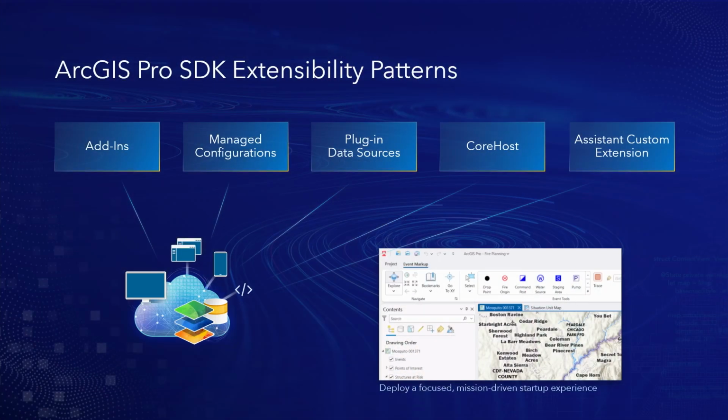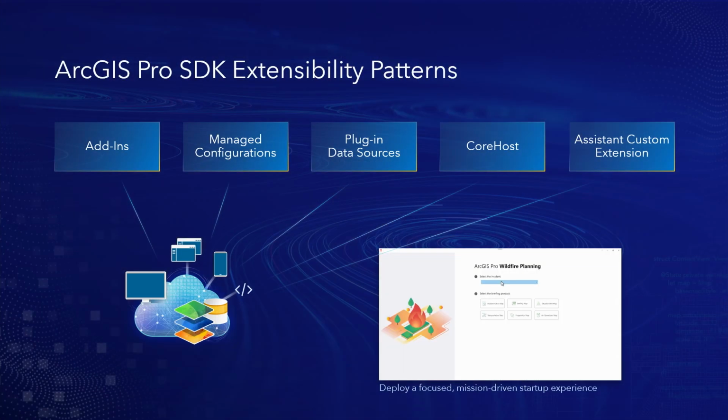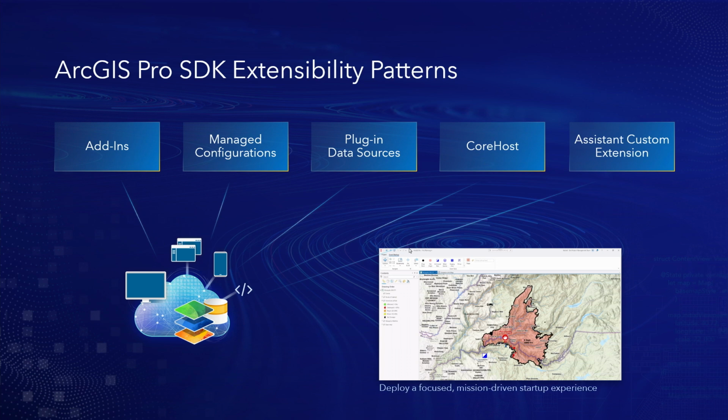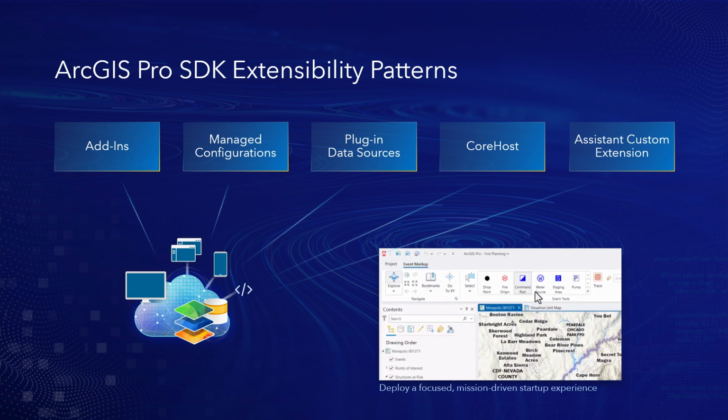Core host applications enable running ArcGIS Pro in a headless environment, allowing you to automate geodatabase and geometry logic in a standalone .NET application. And the newest pattern is assistant custom extensions, which allow you to use AI to trigger your own specialized business logic through the Pro Assistant using natural language.